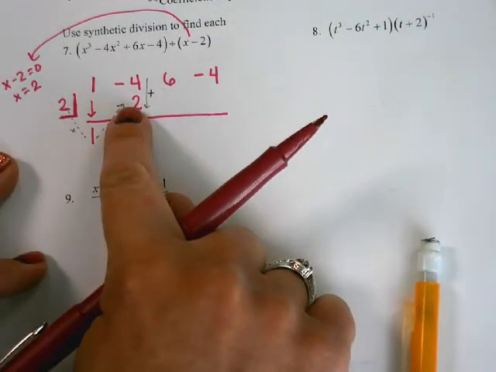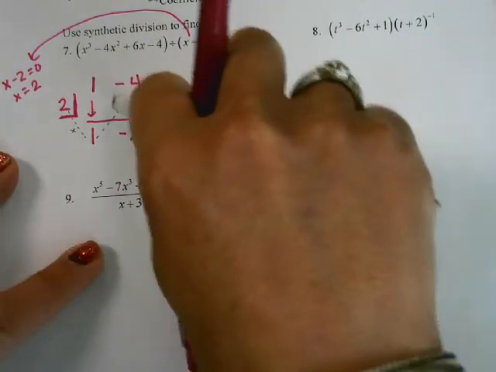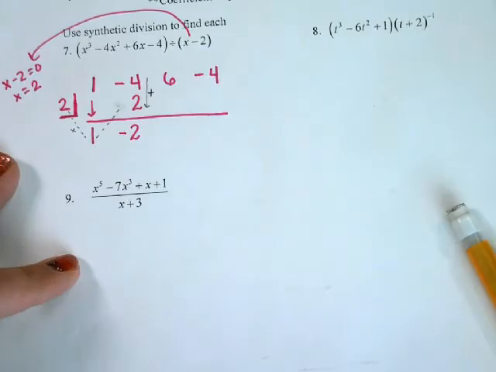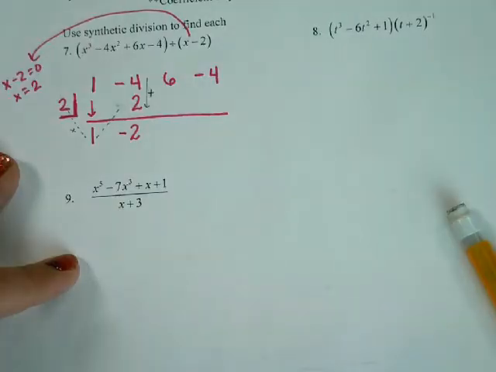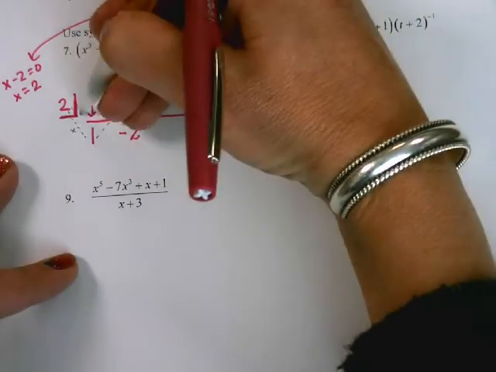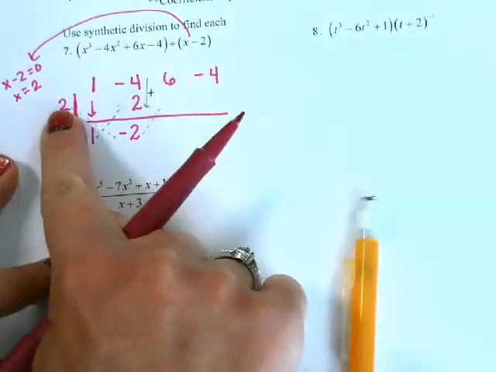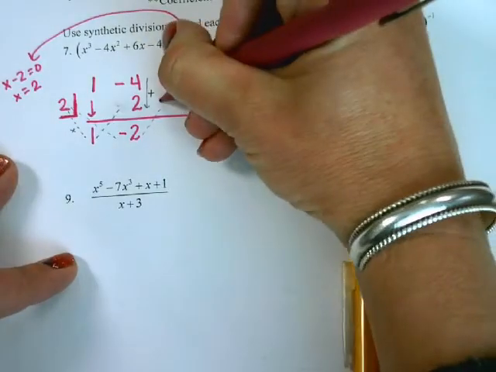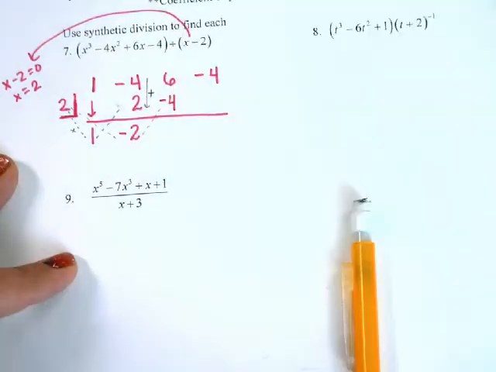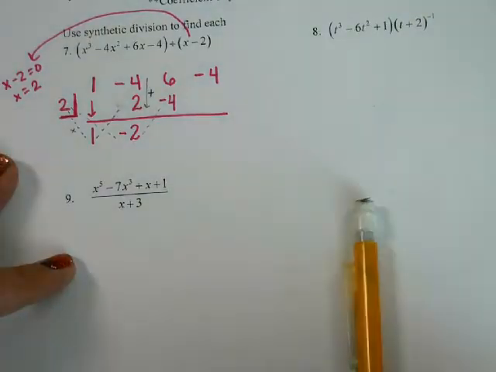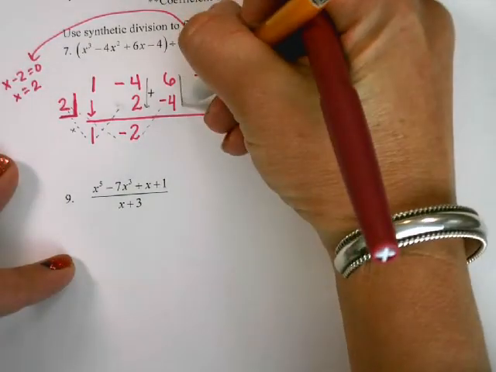No, he's an arrow, sorry. Okay, take the number that's in the box, multiply it by the number that's below the line, 2 times a negative 2 gives me a negative 4. Add down.